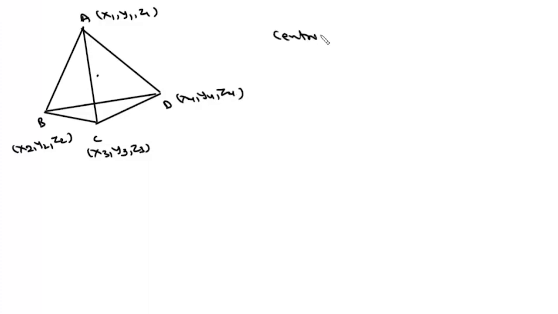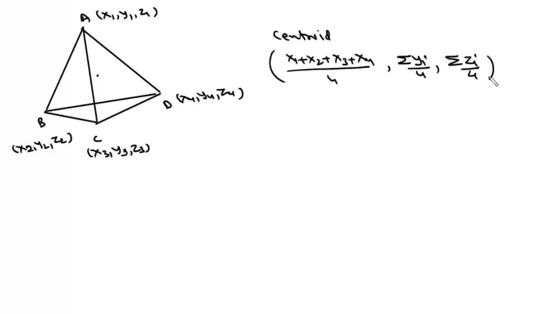Then center of this tetrahedron is given by x1 plus x2 plus x3 plus x4 divided by 4. In the same way, sum of all y coordinates divided by 4 and sum of all z coordinates divided by 4. And in vectors, we have already seen that volume of this tetrahedron is given by 1 by 6 into scalar triple product of any three coterminous edges.